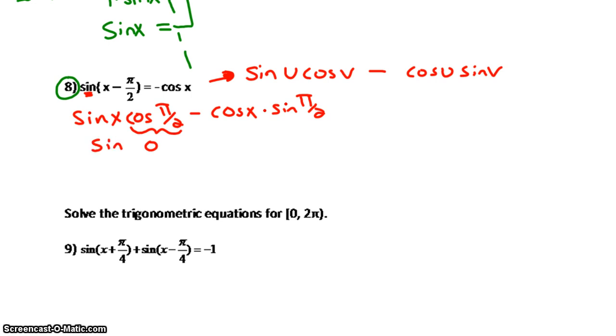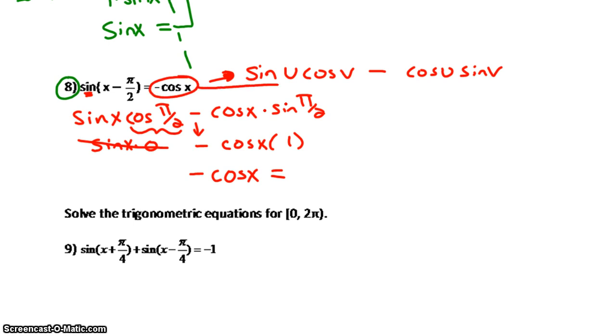And so sine x times 0 is 0, so we don't need to consider that. This time, however, we do have a negative cosine x multiplied by 1. So our answer is negative cosine x. Now, does that get us back to the original? Most certainly does.